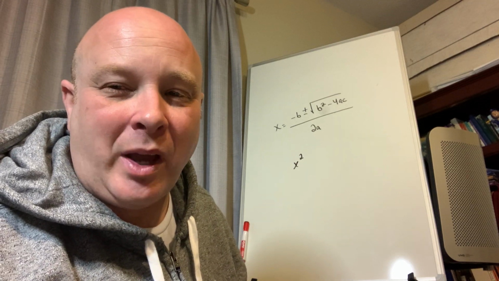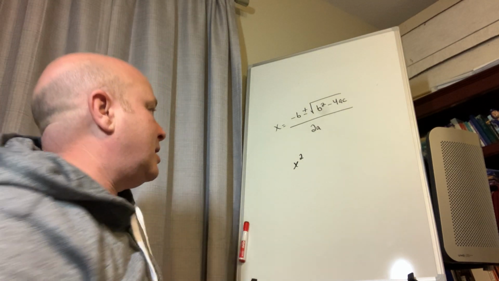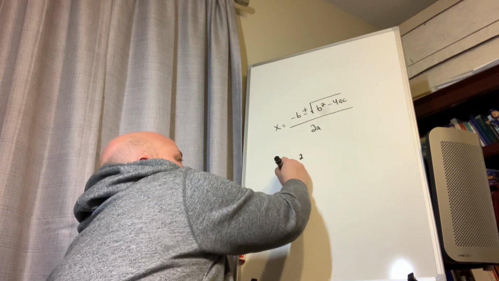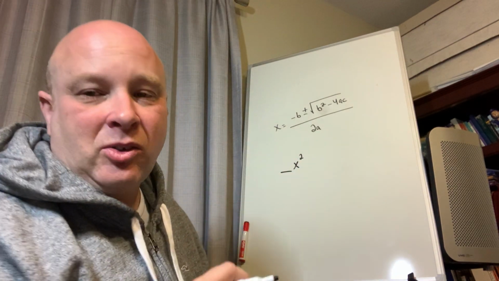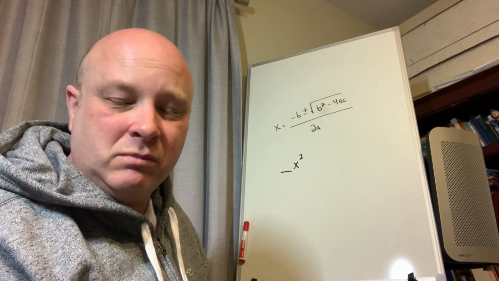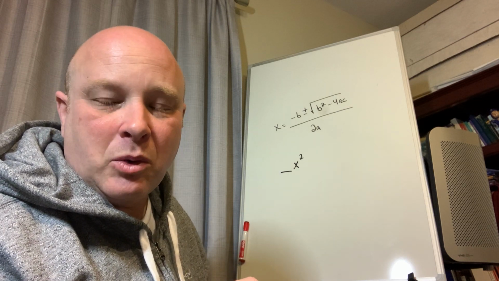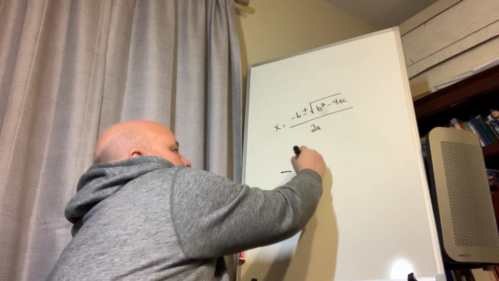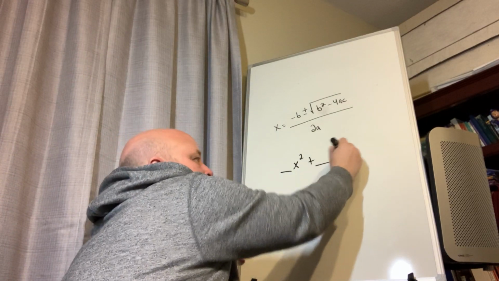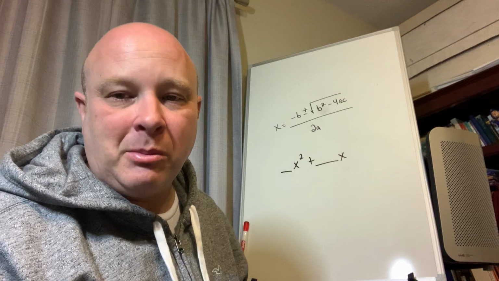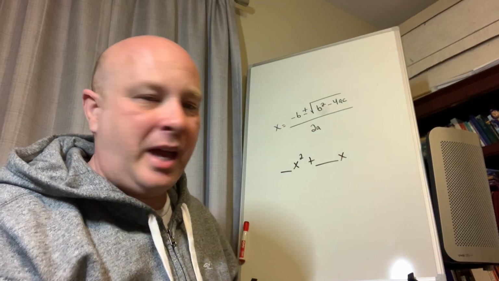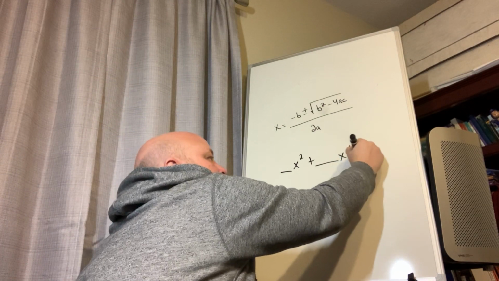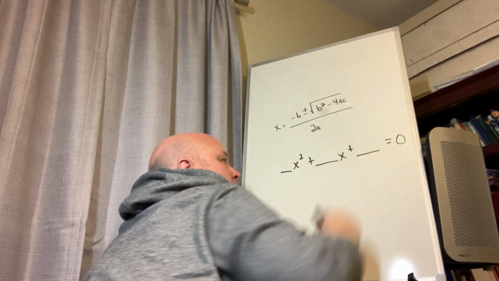So a quadratic equation usually looks like this. The x squared can be by itself, or it can have any number, 1 to 9, before it, plus, again, any number 1 to 9 before another x, plus, equals 0, okay?